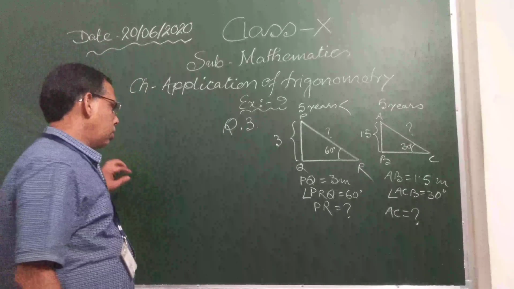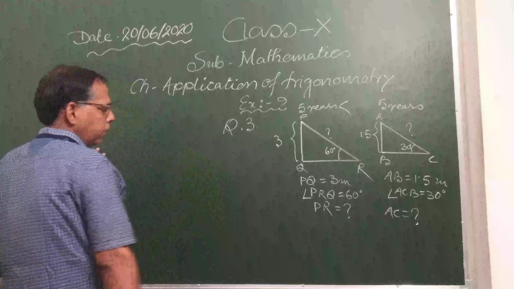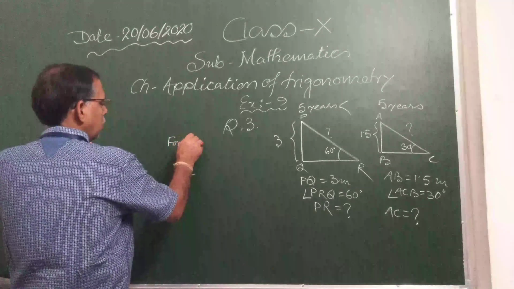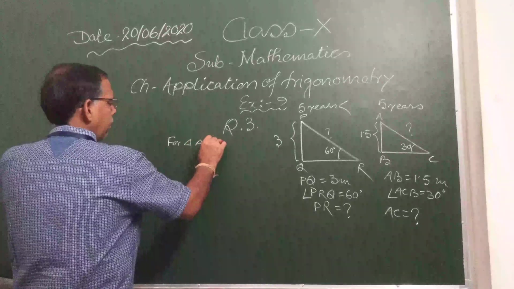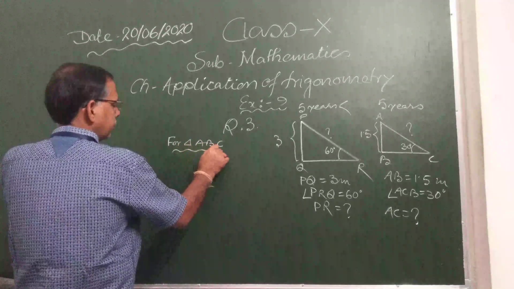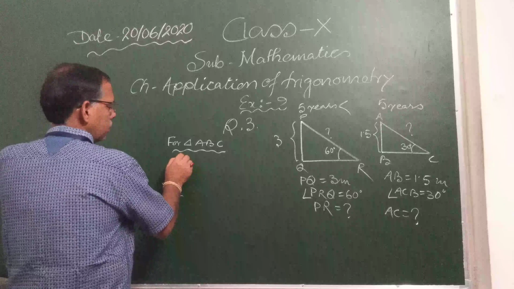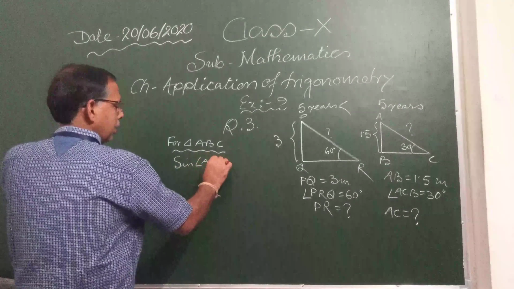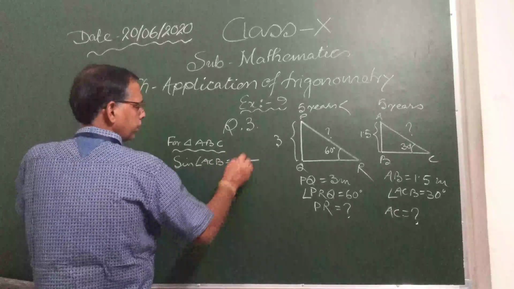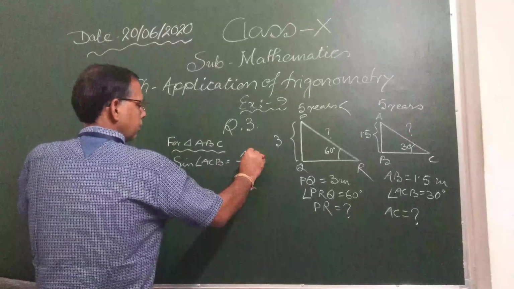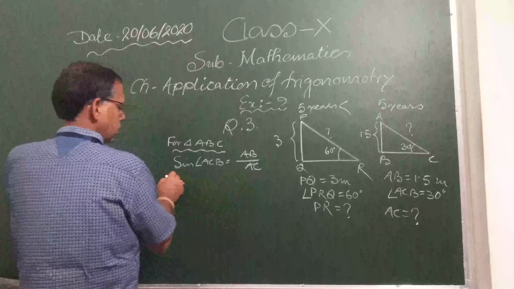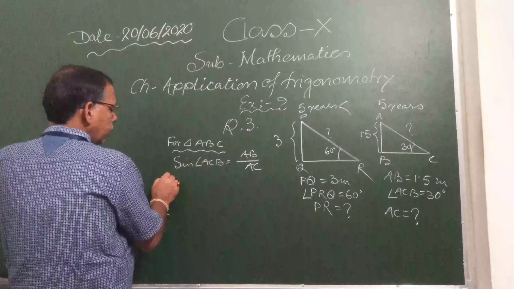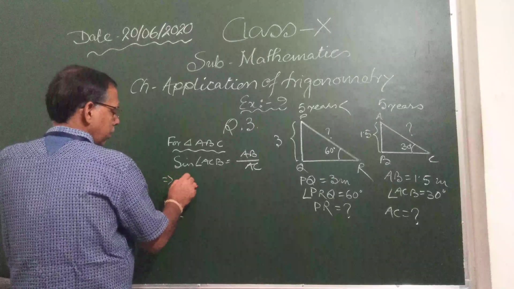Okay, for first one, suppose for triangle ABC. What is that? Sine angle ACB equal to AB by AC. Remember, this is the most important part: that side opposite to the angle considered is perpendicular.